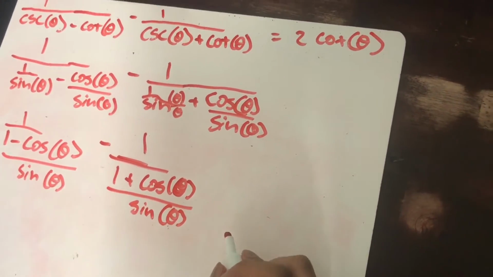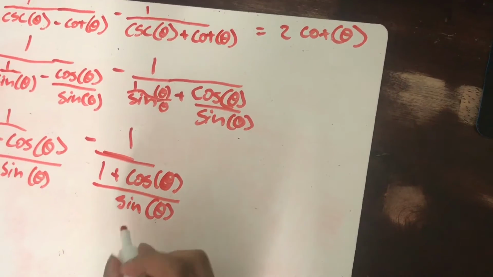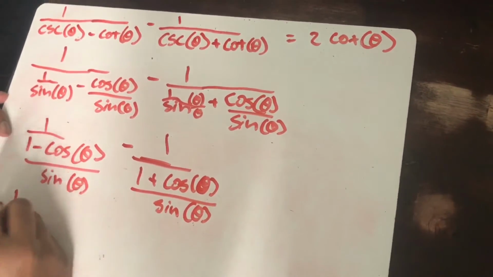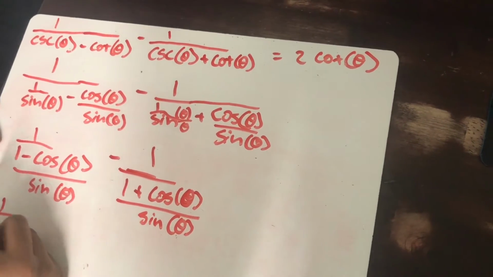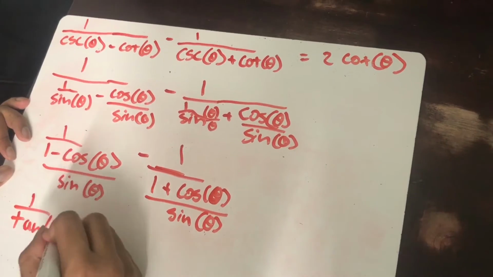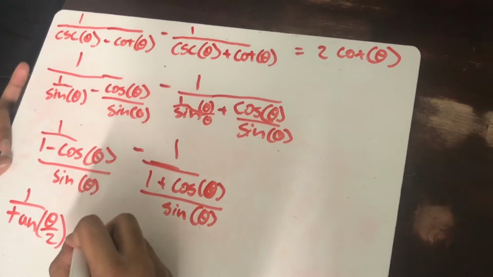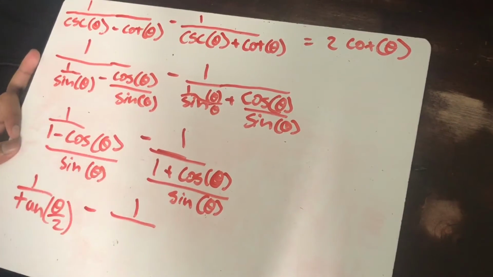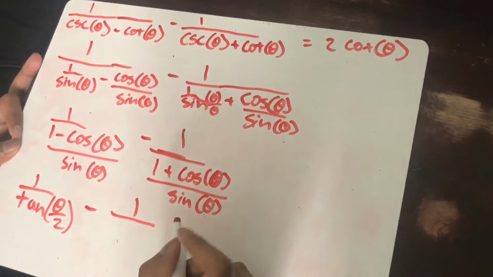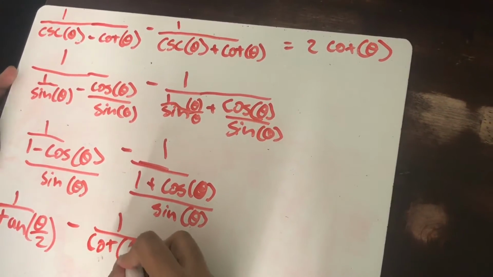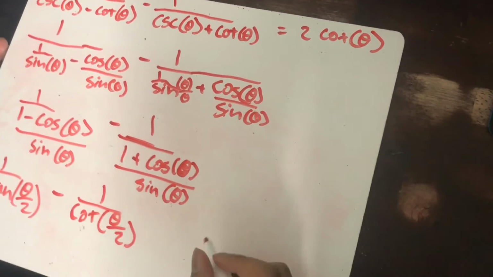Now we're going to use our trig identities to turn these two into something simpler. So this is going to turn into tan of theta over 2. It's going to go in brackets. Okay. And then all that minus 1 over, we can turn this into cotangent of theta over 2, right?